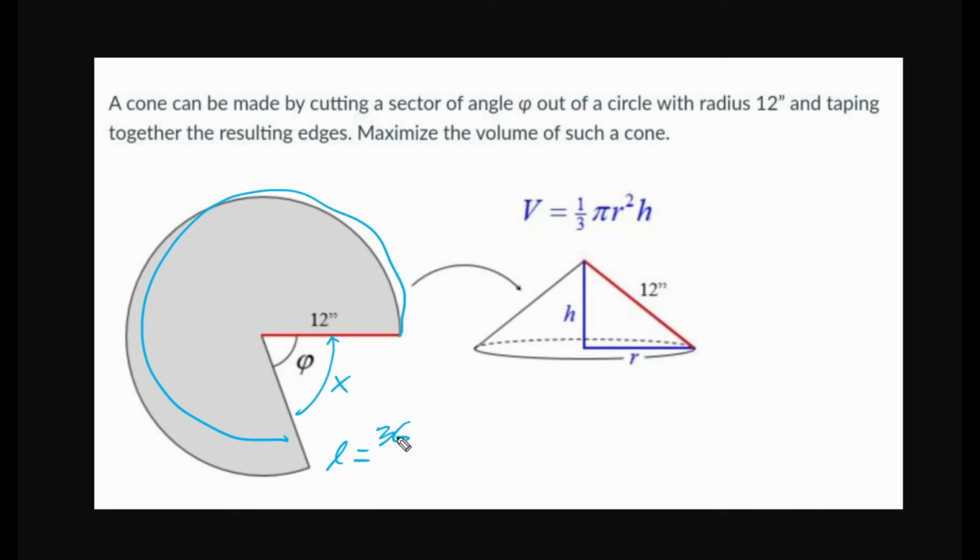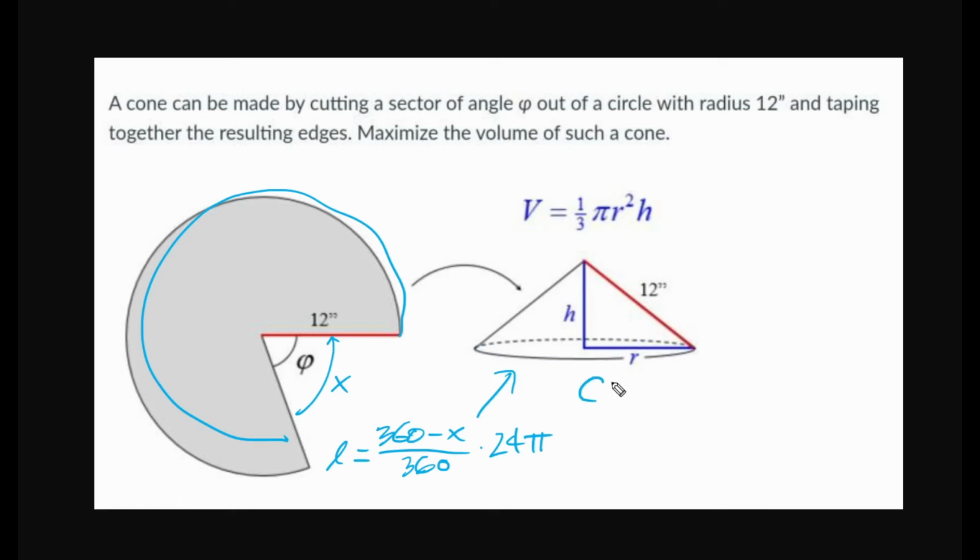So it's going to be (360 minus that angle) divided by 360, that fraction of the circle, times 2 pi r. Well, we know that r is 12, so it's going to be 24 pi. So that's the arc length, which is going to become the circumference of the base of that cone.